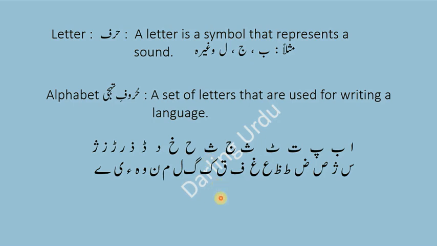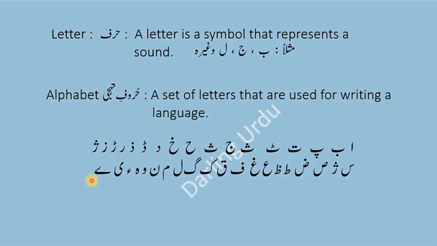This is letter. Now what is alphabet? Urdu meaning is hurufe tehjī, a set of letters that are used for writing a language. Now you can see, students, from alif to badi, these are 37 letters and this is a set of 37 letters.